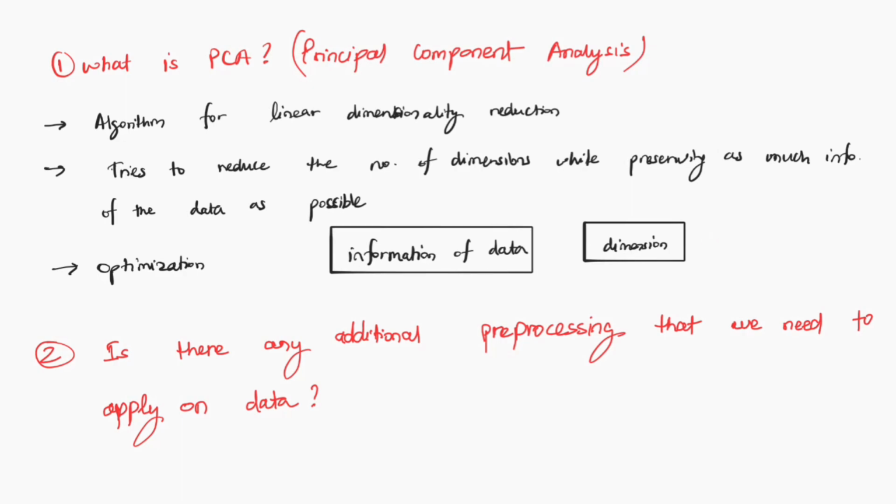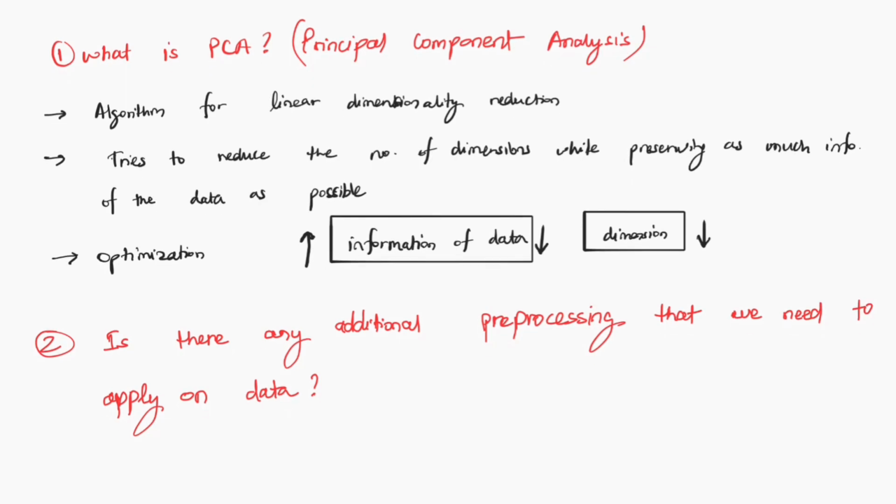If you decrease the dimensions, then the information of the data is also going to decrease. But we want to decrease the dimensions while keeping the information as high as we can. So this is an optimization, and we are going to see how we will try to optimize it and preserve maximum information while decreasing the number of dimensions.